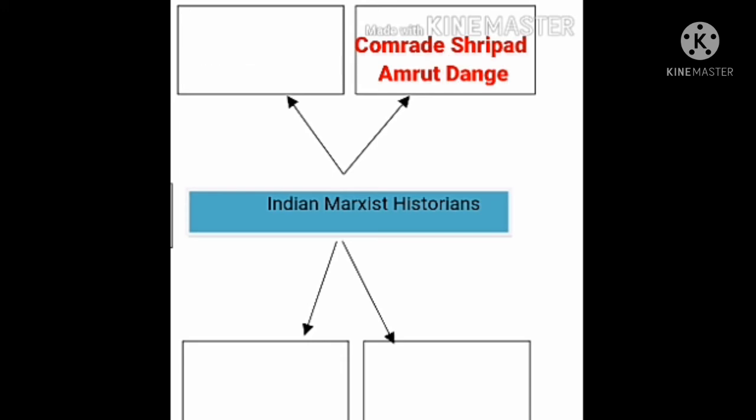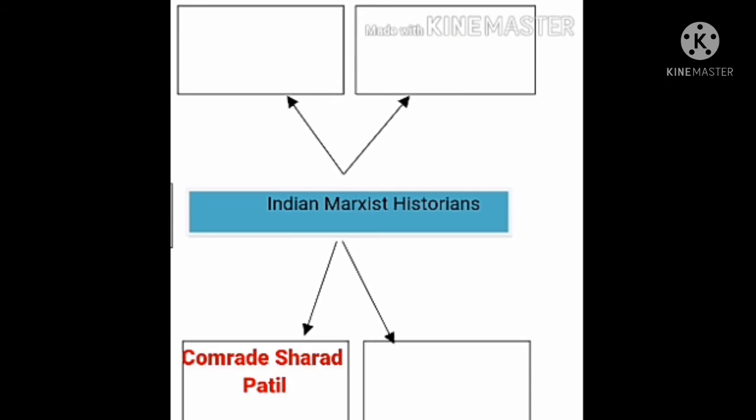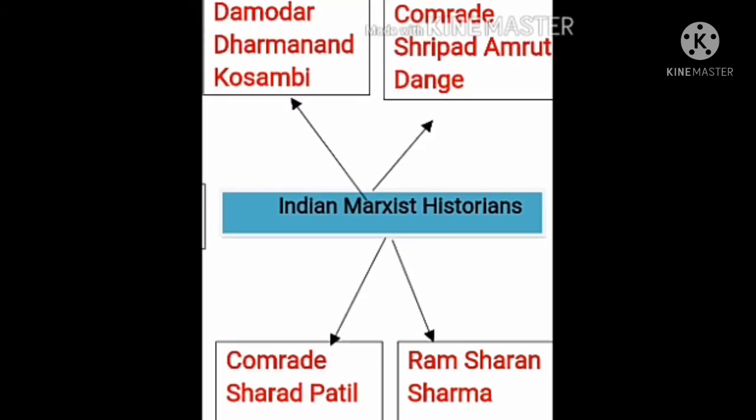In the second box write down Comrade Shripad Amrut Dange. In the third box write down Comrade Sharad Patil. Then in the fourth box write down Ram Sharan Sharma. So note down these four names under Indian Marxist historians in the worksheet.